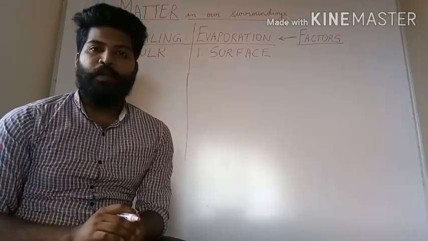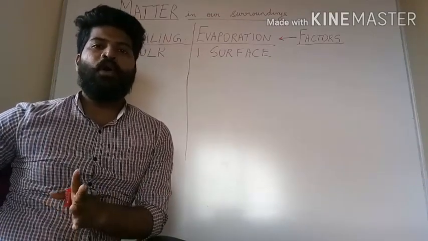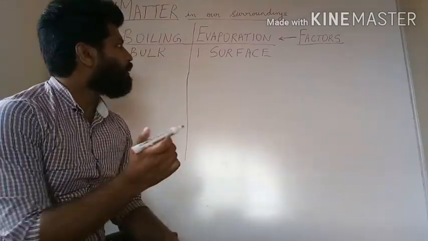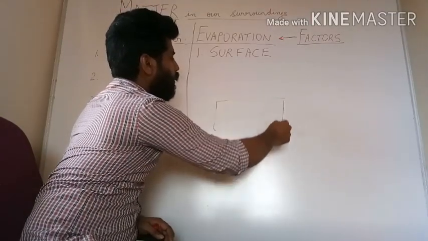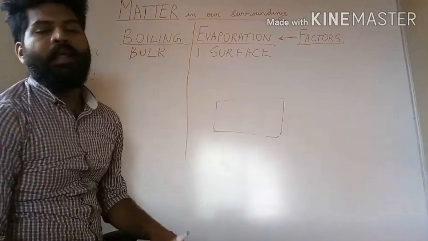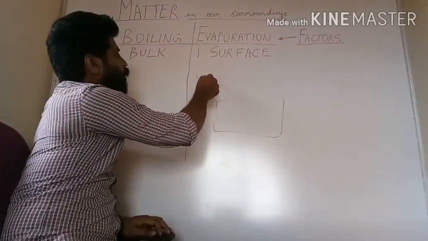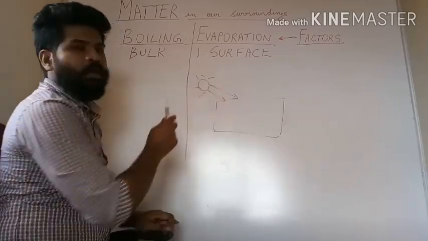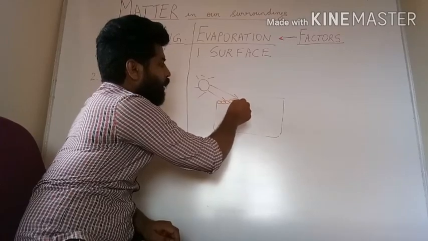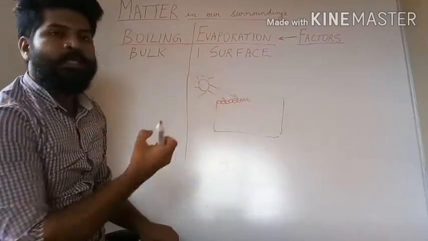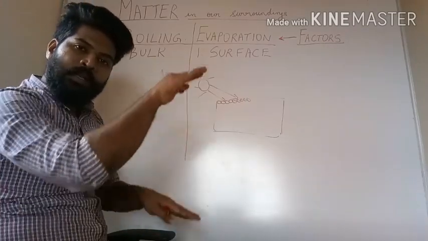For example, when you hang your wet towel outside for drying, what happens in this particular case? Because of the heat energy of the sun, particles will absorb this heat energy, due to which their kinetic energy will increase.